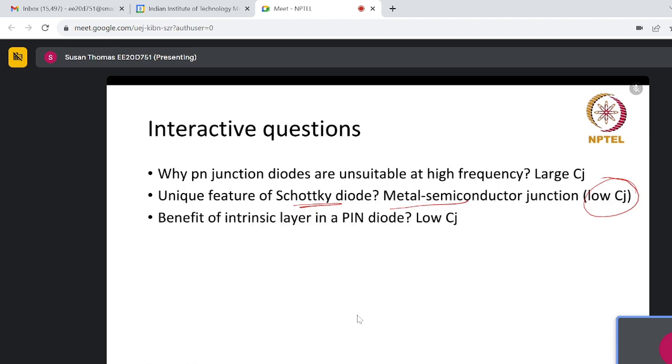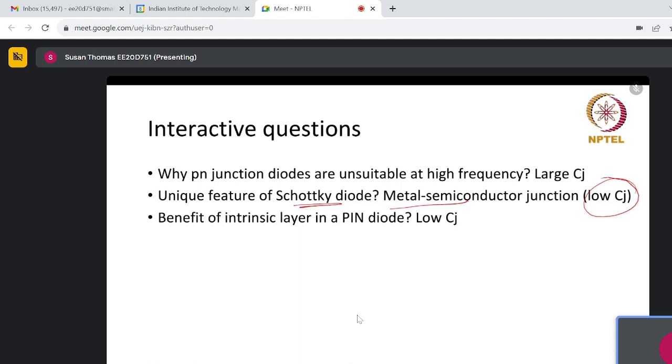Now coming to the pin diode. What is the speciality of a pin diode? A pin diode has three layers, wherein the intrinsic layer is sandwiched between the P type and N type semiconductors. That benefits the pin diode by lowering the junction capacitance again.